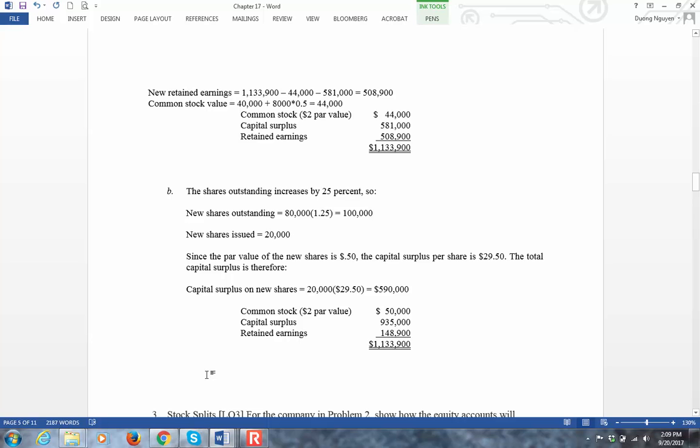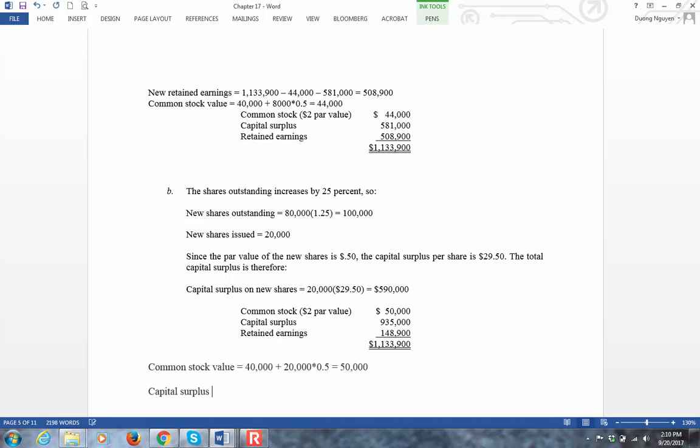So the common stock value now would be equal to the previous common stock, 40,000, plus the 20,000 new shares times the par value 0.5, and this is equal to 50,000.